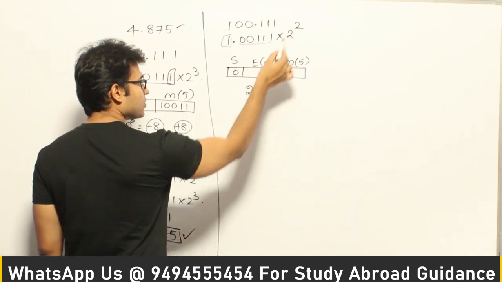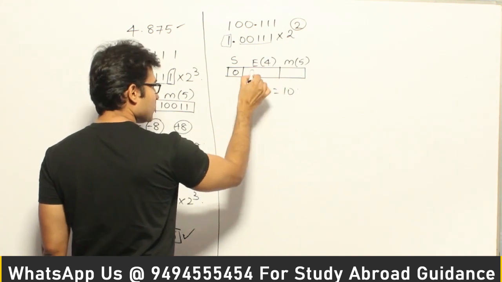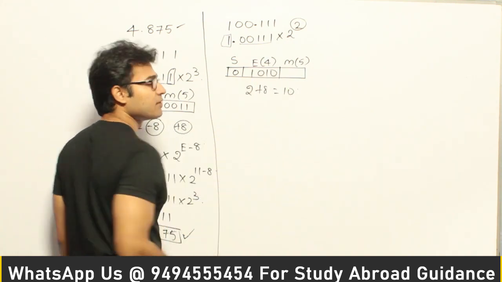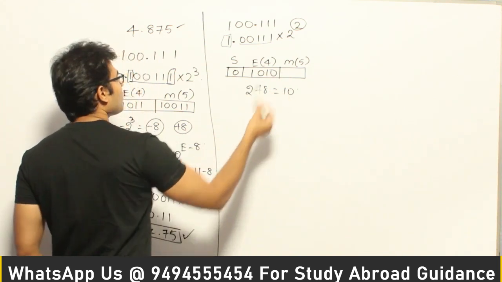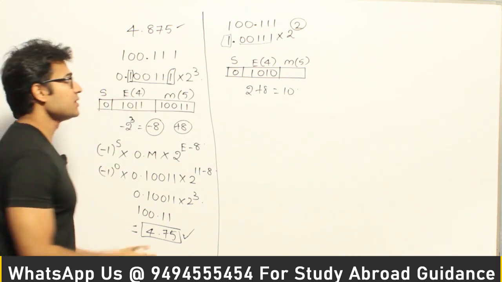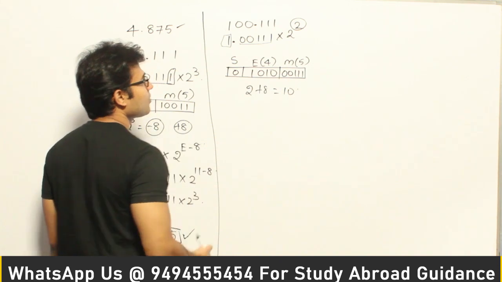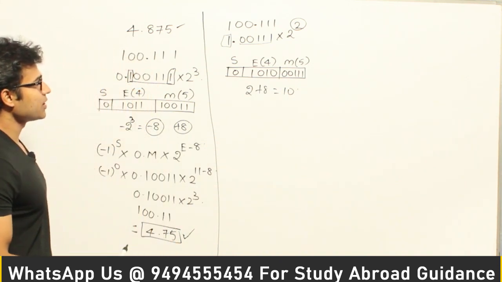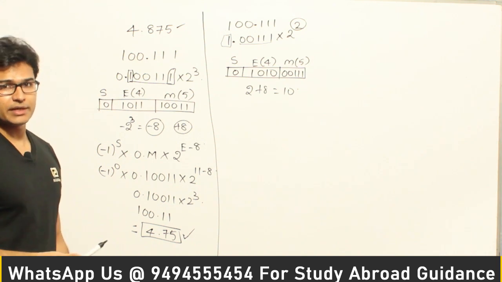Take the actual exponent here, which is 2, and add 8, it is going to be 10, which means you are going to write 1010 there. And what about the mantissa? In place of mantissa, you need not worry about the 6 bits. Now you have to save only 5 bits, which is going to be 00111. So by using implicit representation, you are able to save the same information using 1 bit less.